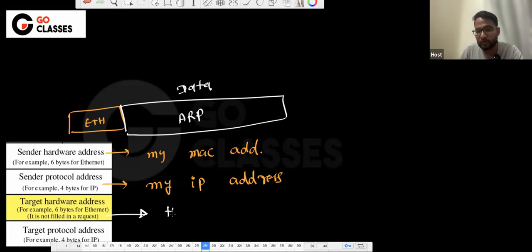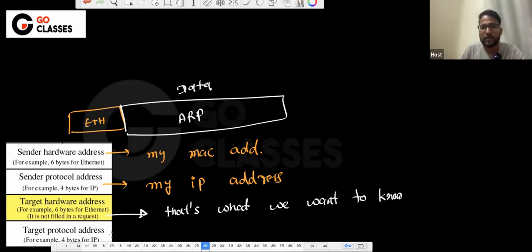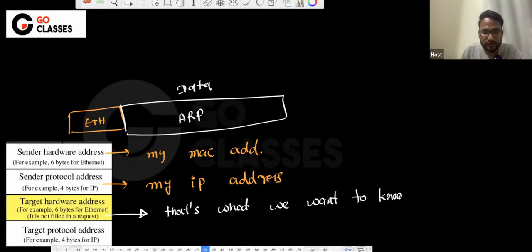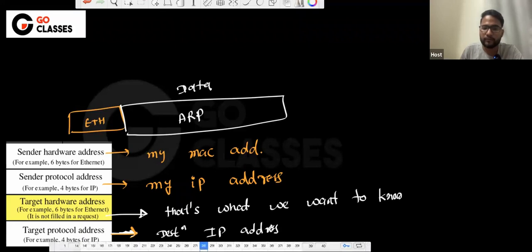That's what we need to know. And the last one is the target protocol address, the IP address of the target. I'm interested in converting this IP address to the MAC address, something like this. So basically, you can say destination IP address.